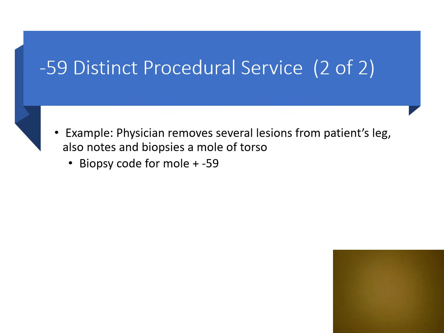So you can see that the code for the biopsy of the mole would be 59. So first you will code for all of these lesions that were removed, and then you're going to code for the biopsy because it is a separate procedure. You'll put modifier 59.